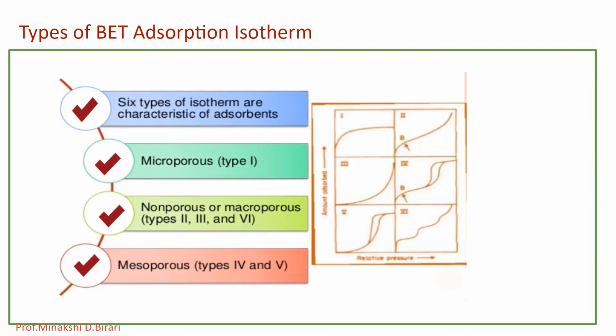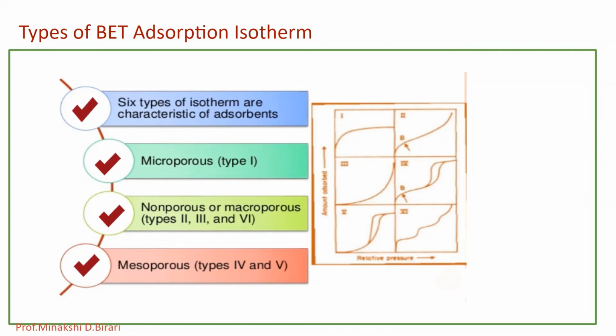Type 6 isotherm, in which the sharpness of the steps depends on the system and the temperature. It represents the stepwise multilayer adsorption on a uniform non-porous surface. The type 6 isotherms are those which are obtained with argon or krypton on graphitized carbon black at liquid nitrogen temperature.